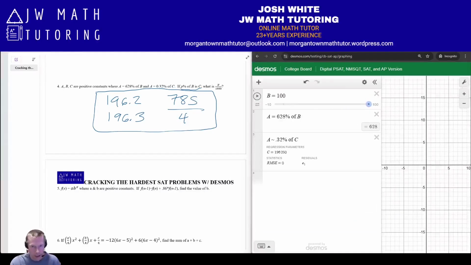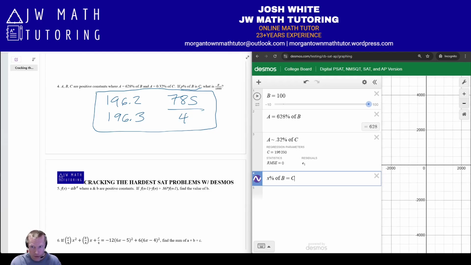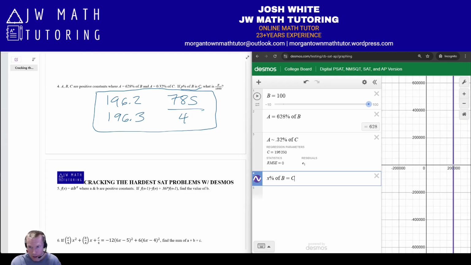Now, an alternate way that you could have gotten the value of P is you could have now taken the equation and typed it like this using x. You'd have done x% of B equals C. And then you would look for the vertical line for the value of P. The problem is it's such a gigantic number, you have to keep zooming out, zooming out, zooming out. Where's the vertical line? Okay, here it is.